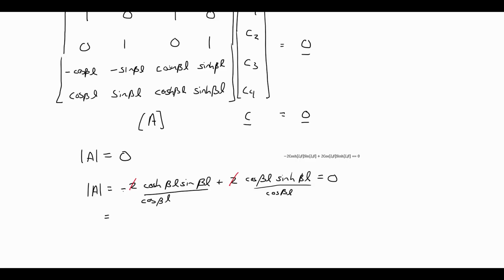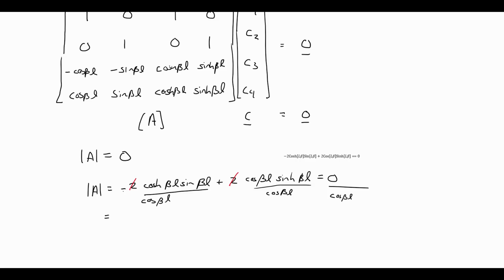And also the 0 has to be divided by cosine beta L, but cosine beta L is always non-zero. L is not 0, and beta is going to be something non-zero as well. So the cosine of beta L is going to be a non-zero value.